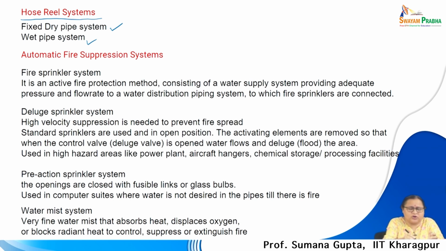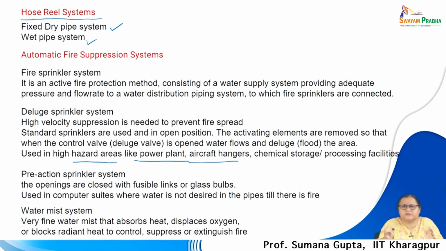Now, if we go to the automatic fire suppression system, there is the fire sprinkler system, the deluge sprinkler system, the pre-action sprinkler system, and the water mist system. We will take up the fire sprinkler system in detail, as I have discussed in the previous slide also, but we also have a deluge sprinkler system for a large scale fire, usually in a hazardous building, or say a power plant or aircraft hangar, where petroleum related fire suddenly increases.